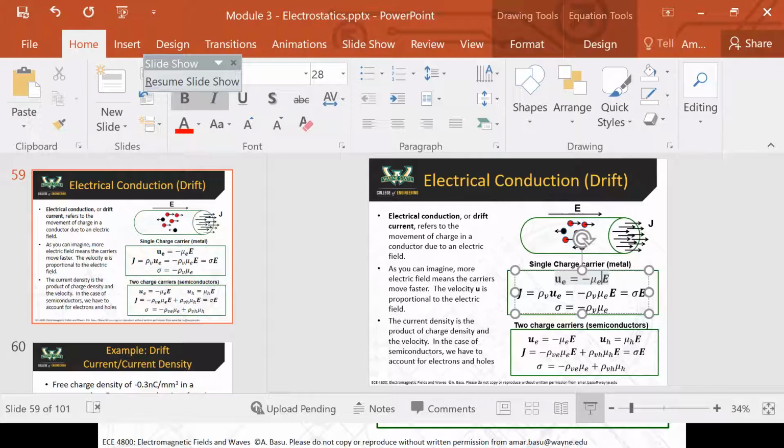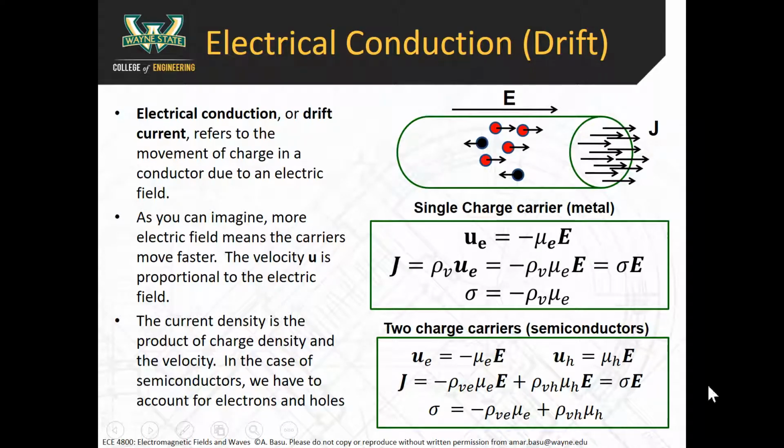All right, so go by the slide here. Charge density times the velocity at which they're moving. So this u is equal to mobility times the electric field. And this is where we define the conductivity of the material, because we would like to have a simple linear relationship between the current and the electric field.